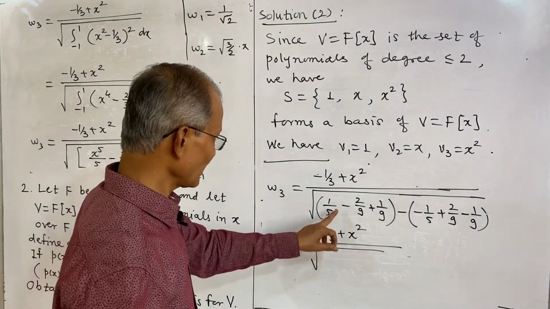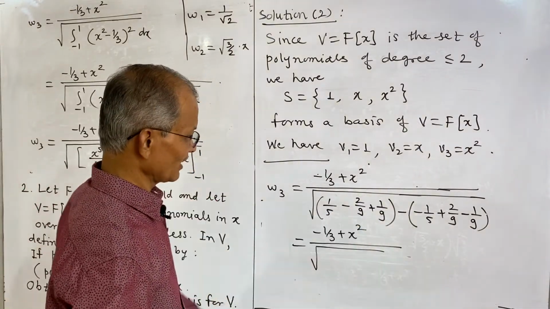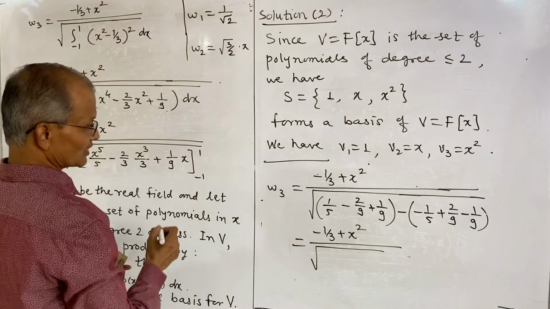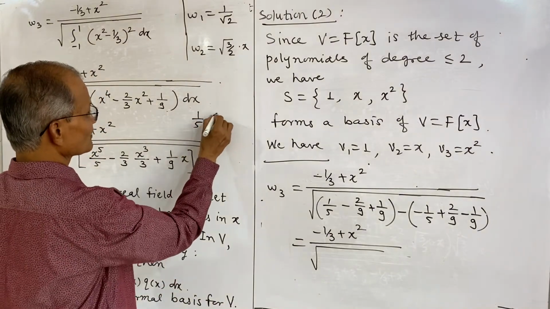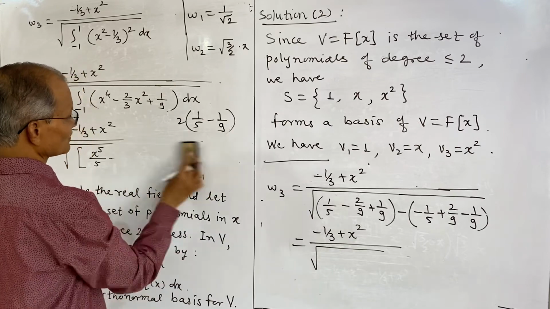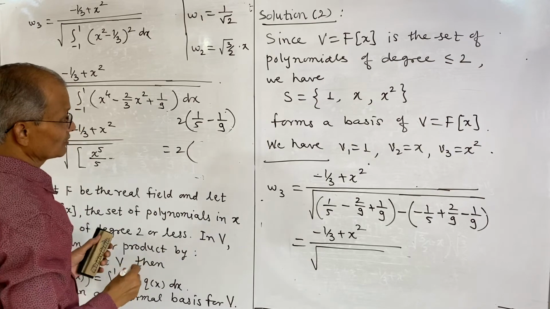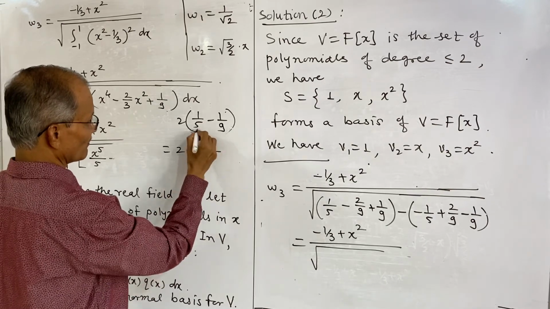And what is the first bracket? 1/5 minus 2/9 plus 1/9, that is minus 1/9. So it is 1/5 minus 1/9, it is double of this, and that is 9 minus 5, that is 4/45.